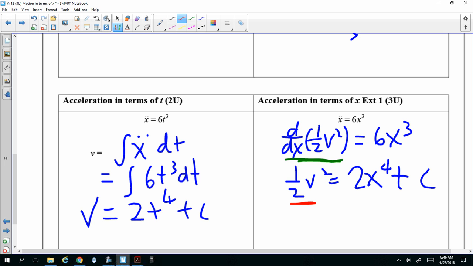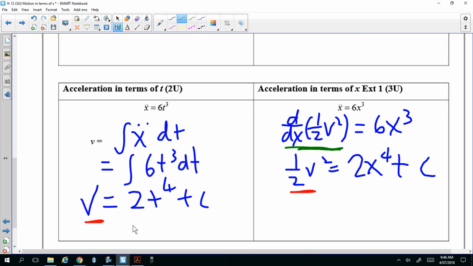Oh yeah, you're right, sorry. Okay, yes. So it'll be 6 over 4. Then that will be wrong there. Okay, so it'll be 6 over 4. And you end up getting half v squared equal to 3 over 2 x to the power 4 plus c.